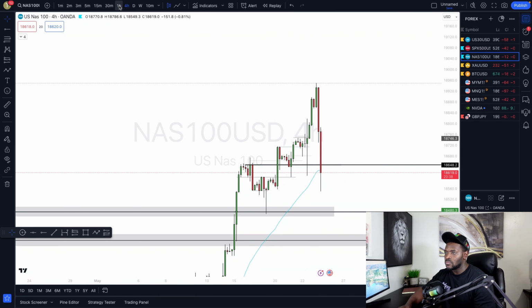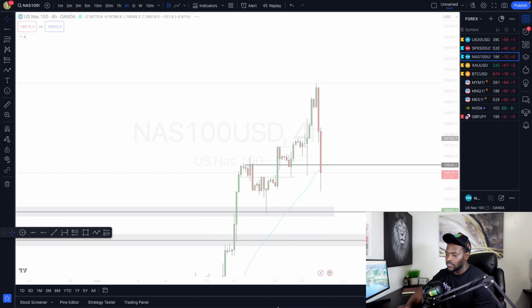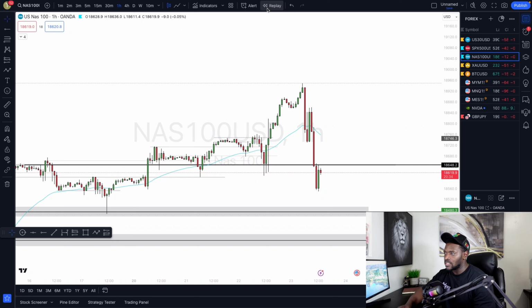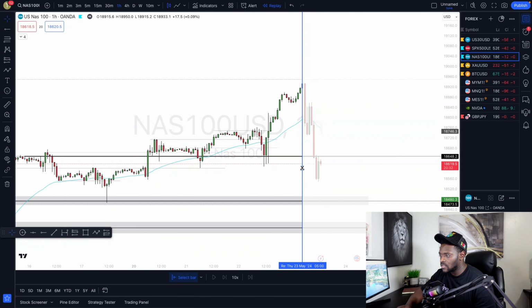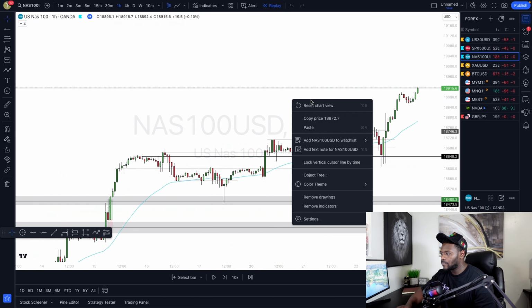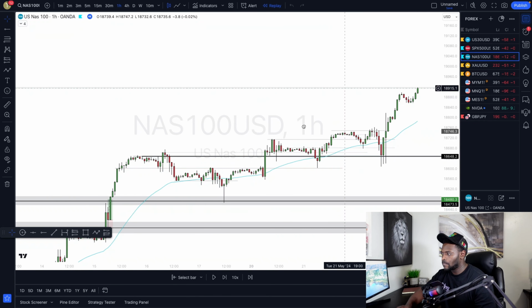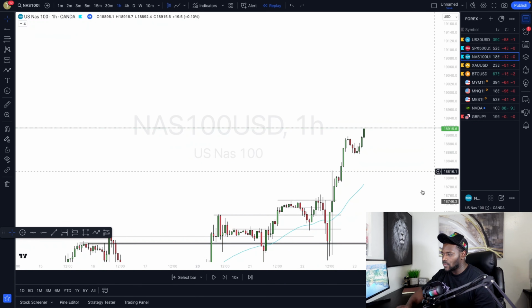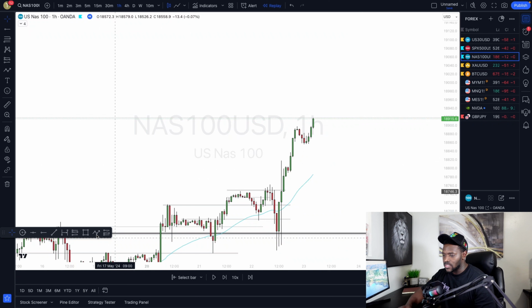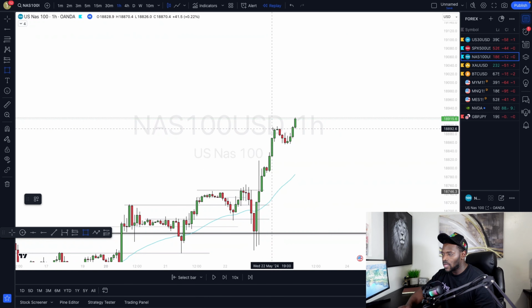So what do we do? We go to the lower time frame, and let's just pretend that this isn't here. That hasn't happened yet, right? So then we go down to the 1 hour, and now we can see that we've got more minor levels of structure that have been broken.